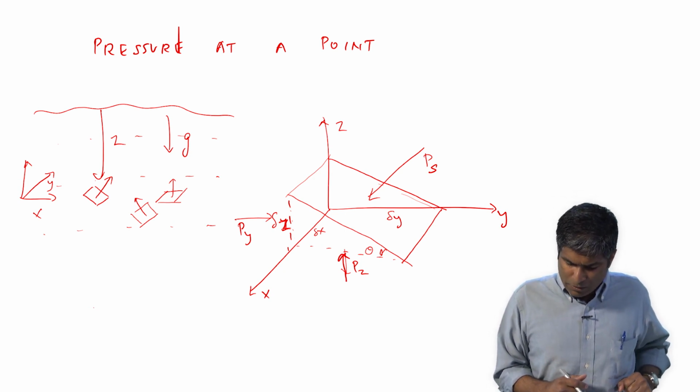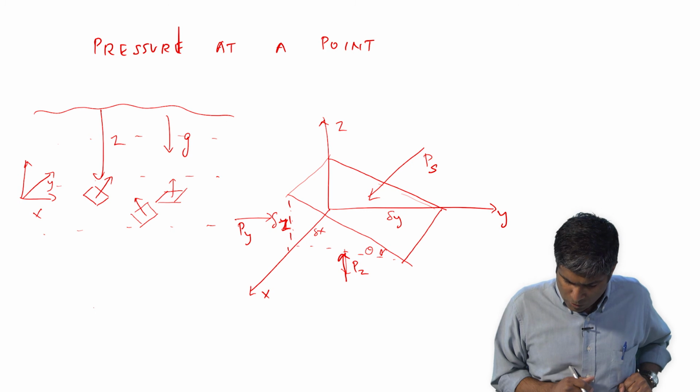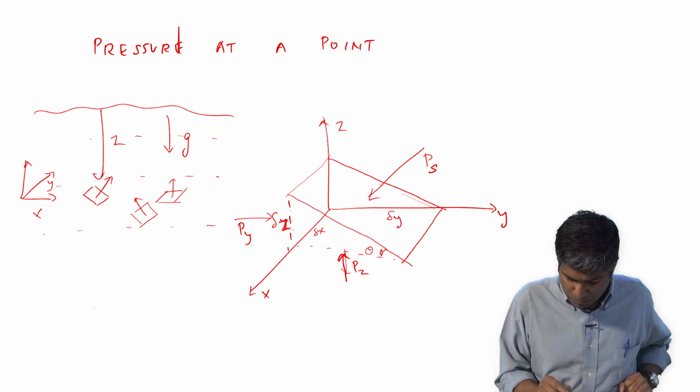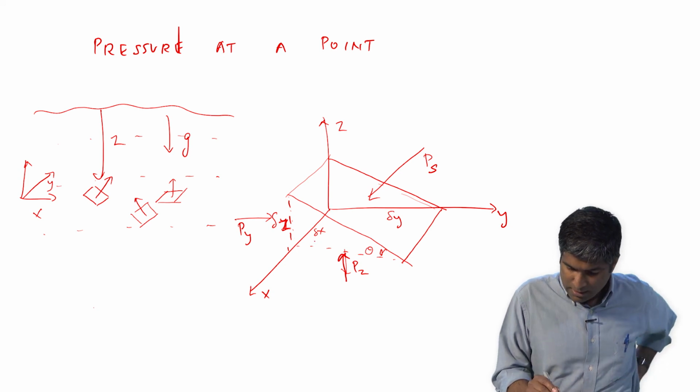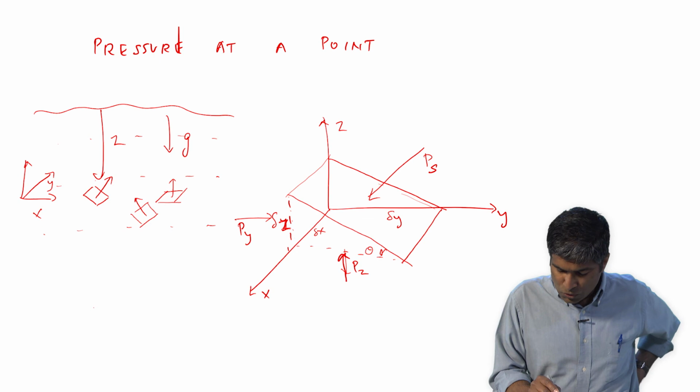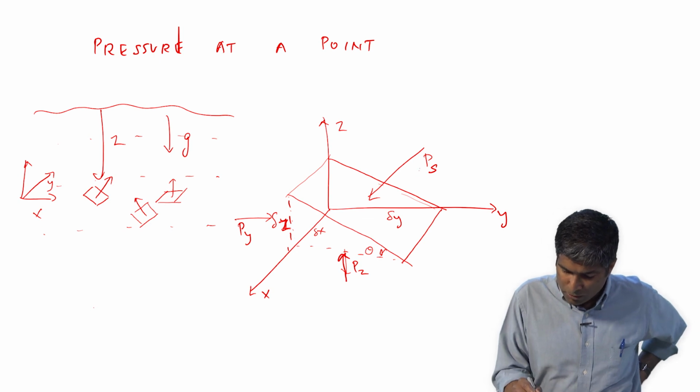Now, if I were to balance things in the horizontal direction, I would have Py times this surface area, which is delta x delta z. That horizontal force would be balanced by the horizontal component of Ps. So let me write that down.